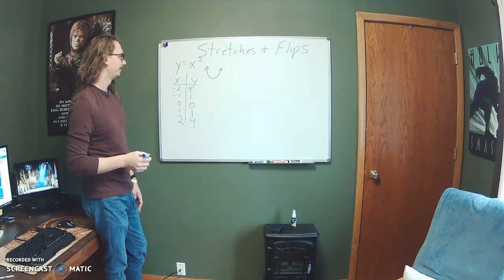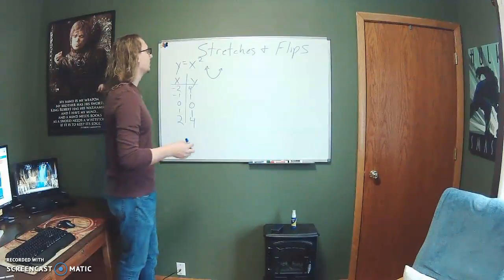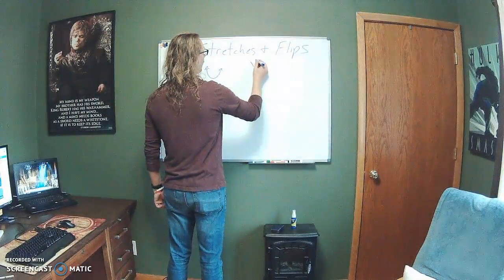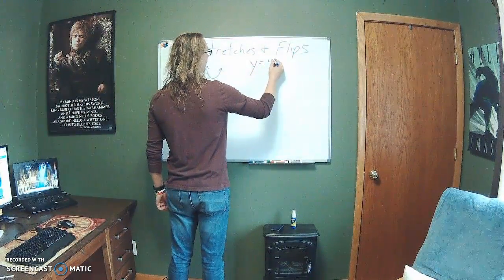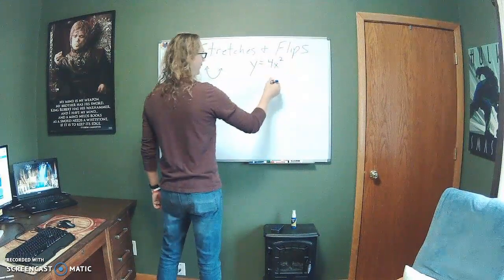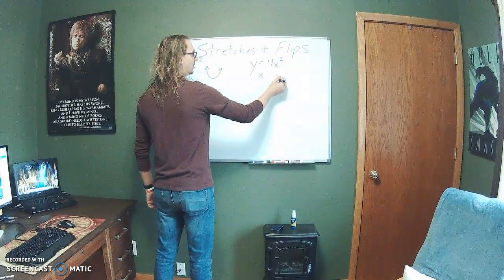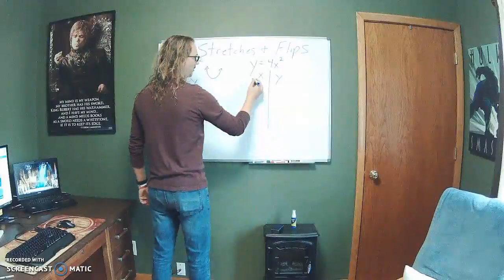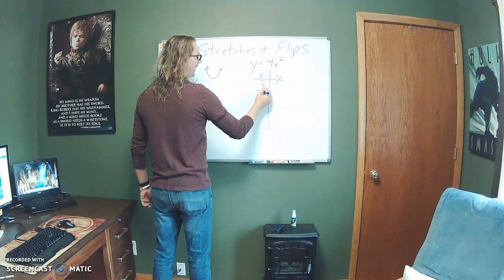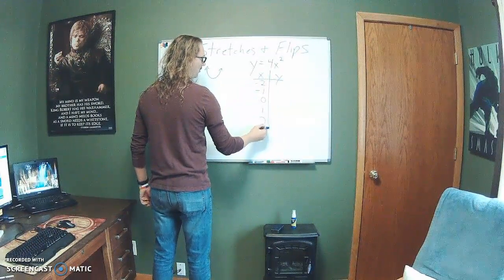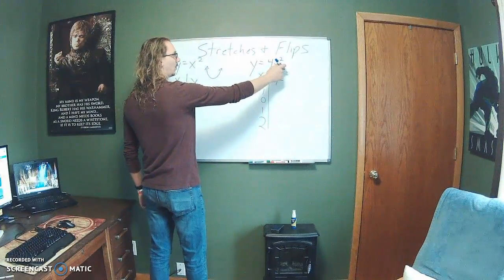And it's going to look something like that. Okay? Then let's look at y equals 4x squared. We have our x values, we have our y values, same values for x. -2 squared is 4.